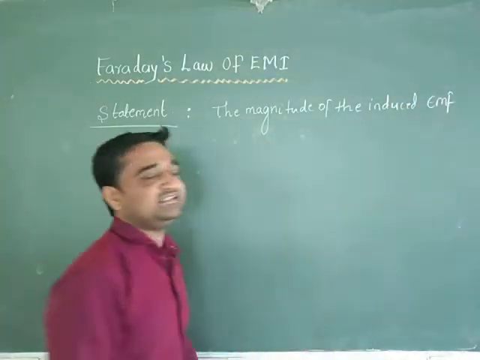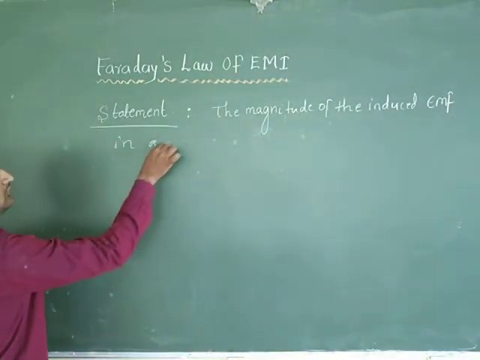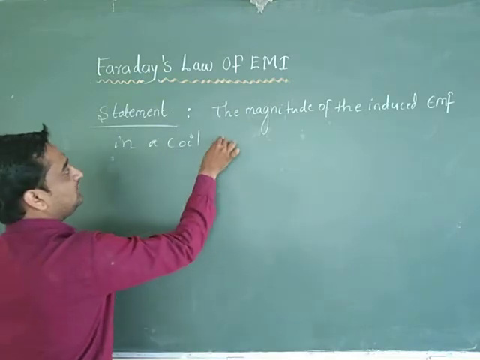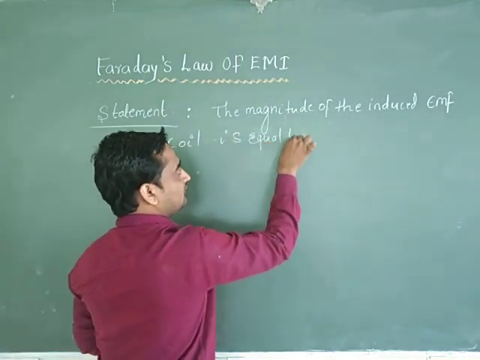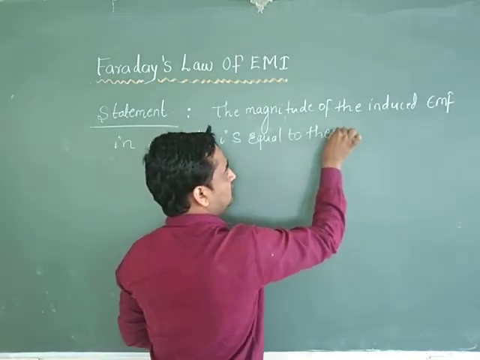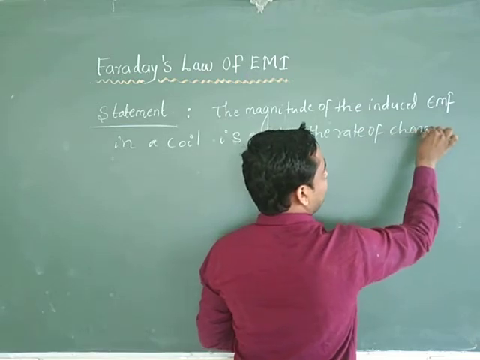The magnitude of the induced EMF in a coil is equal to the rate of change of magnetic flux linked with the coil.